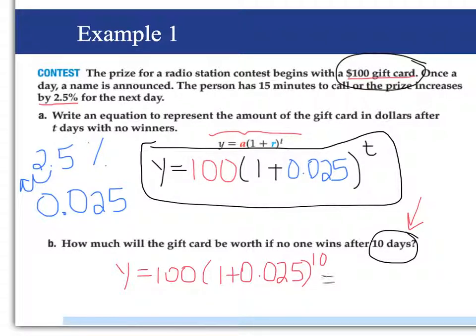We would type this whole string, not the y equals, just this string, into the calculator, and we would get 128.008. But remember, we're dealing with dollars and cents, so we would round this to about $128 even. Okay?